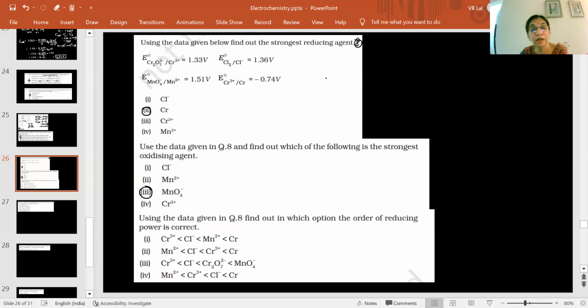So you know already the one which is the strongest reducing agent. Choice number 2 is the correct answer. Why? Because you have already said chromium is the strongest reducing agent. And Mn2+ is the weakest one. Okay, so choice 2 is the correct one.